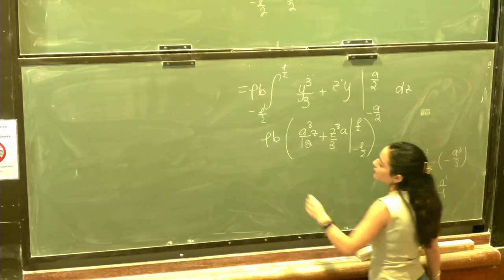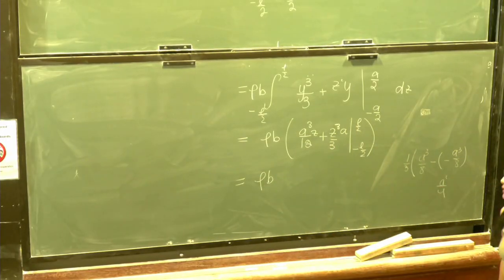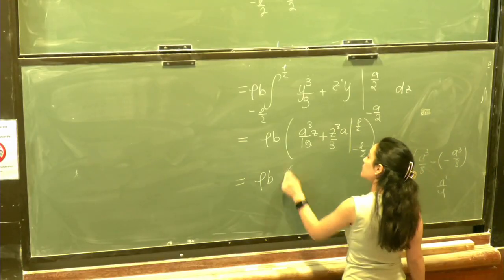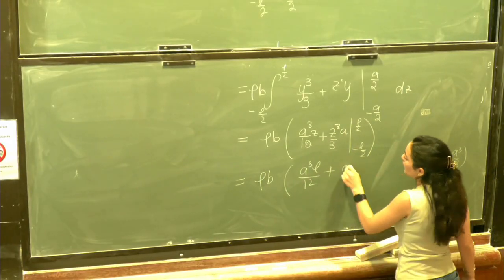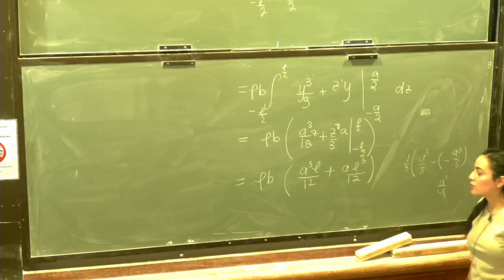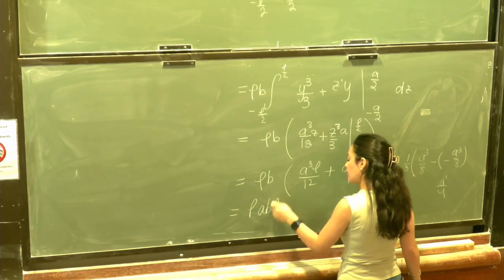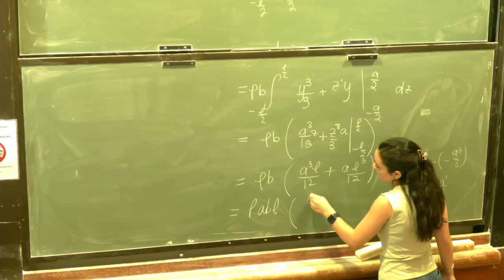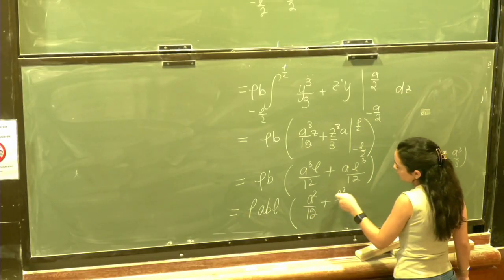So that's going to be rho b L, a cubed L over 12 plus a L cubed over 12, which is rho a b L times a squared over 12 plus L squared over 12.